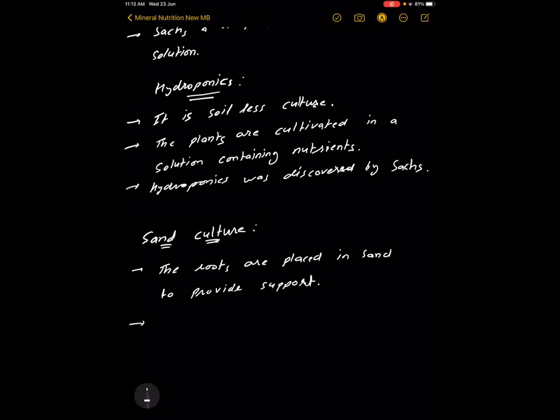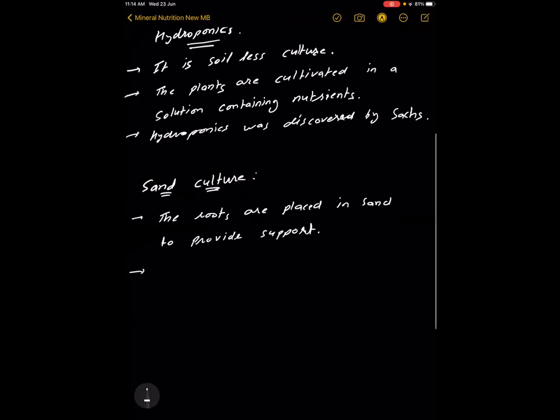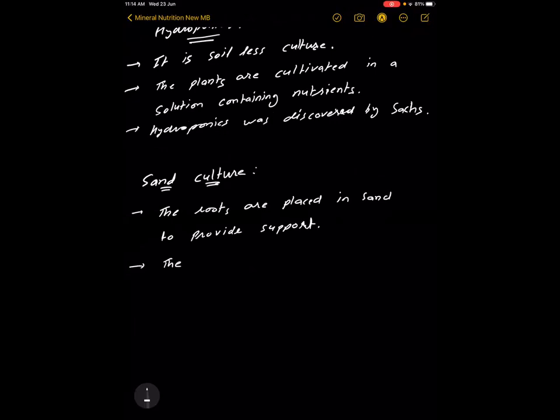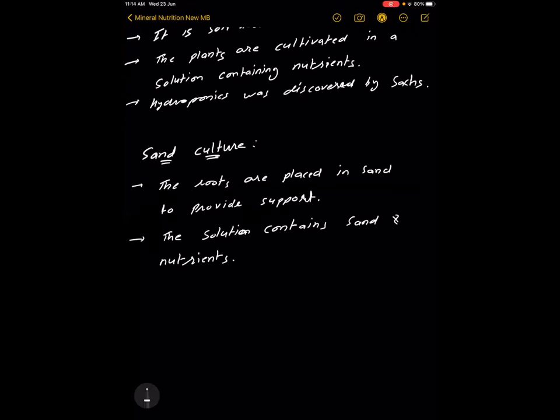So the roots are supported by sand. The nutrient material is the same. The solution contains sand and nutrients. So that is called sand culture if sand is mixed.